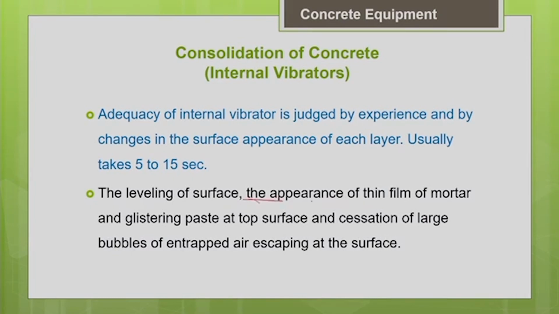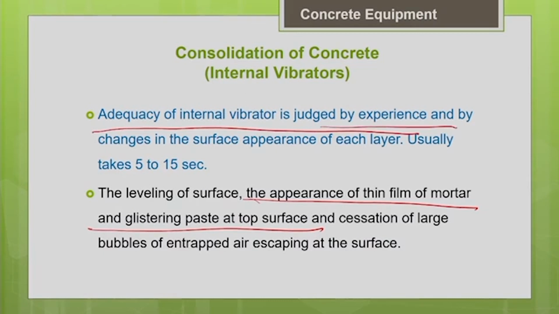And also you can see the appearance of a thin film of mortar and glistening paste at the top surface, which indicates that the consolidation is done. So these are the indications that the consolidation process is complete. Generally the adequacy of the internal vibrator is judged by experience and by changes in the surface appearance of each layer.